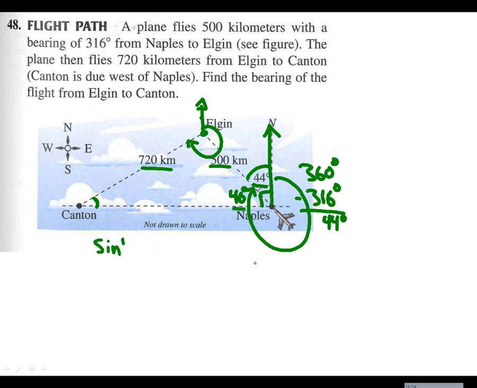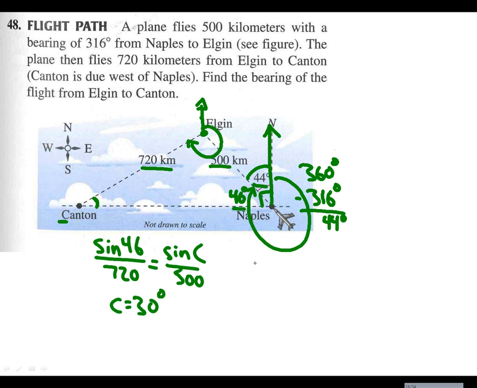Sine of 46 over 720 equals sine of, I'm going to call it C down here for Canton, over 500. Plug that in, we're going to get sine of C equals 30 degrees. Approximately, you're going to have to round it off.